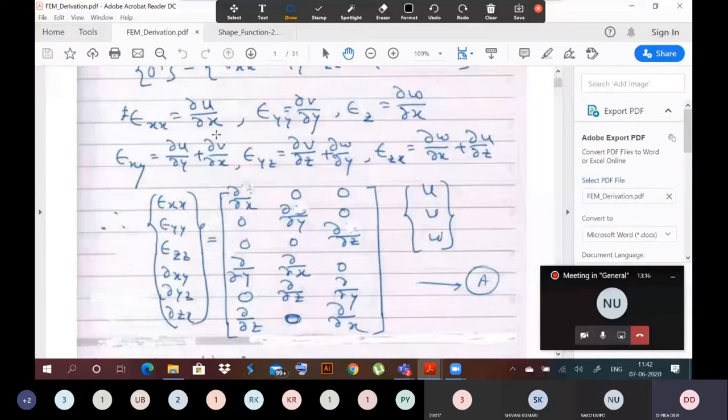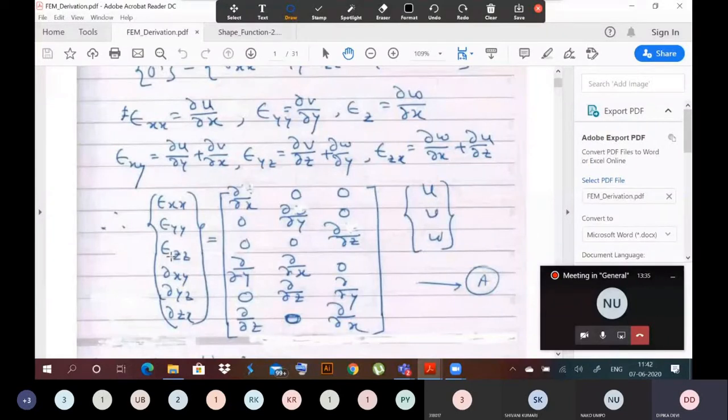So that way you can write epsilon xy. Epsilon xy will be equal to del u by del y plus del v by del x. So it will be del by del y of u plus del by del x of v plus 0 into w. Similarly, this is not delta, it should be epsilon. I have written delta here.